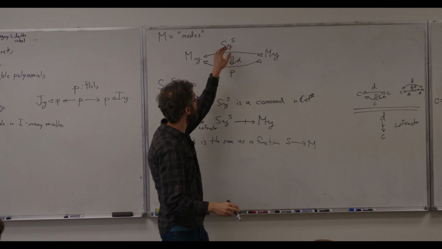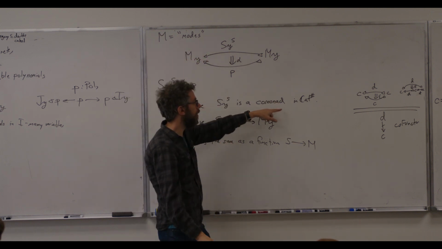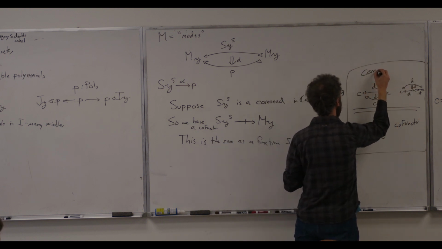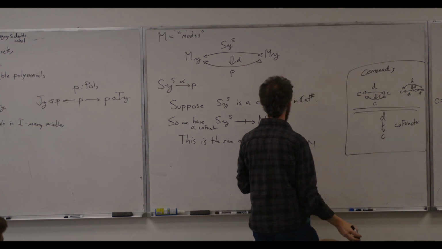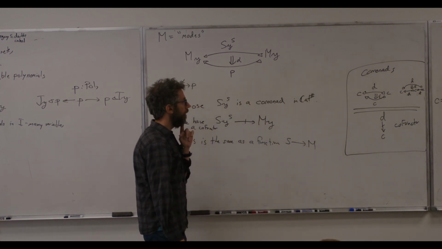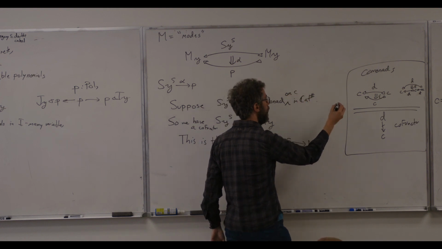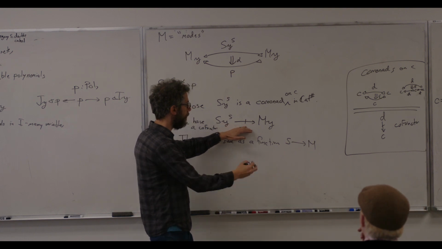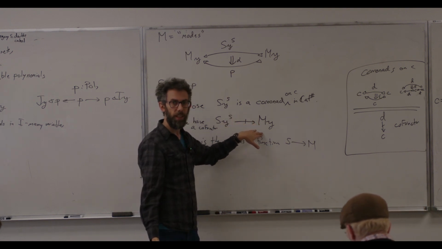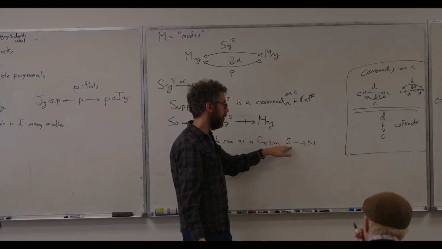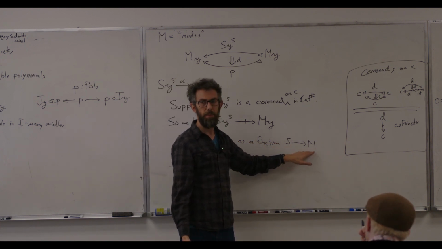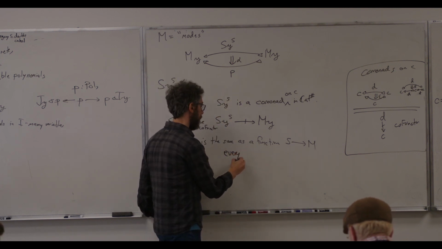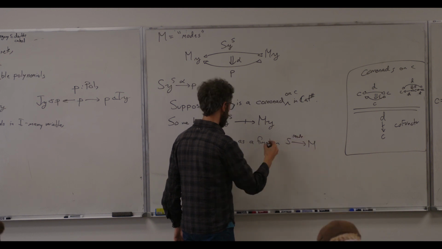Every state, by virtue of us saying, suppose sy to the s is a comonad, which is all this sort of data over here, we've figured out that there's a cofunctor like this, but cofunctors into discrete things are just object labels. So it's the same thing as a map from S to M, a function. Every state gets a mode.